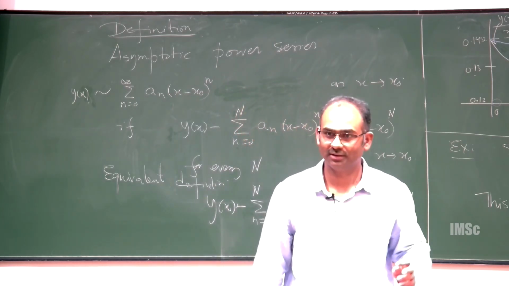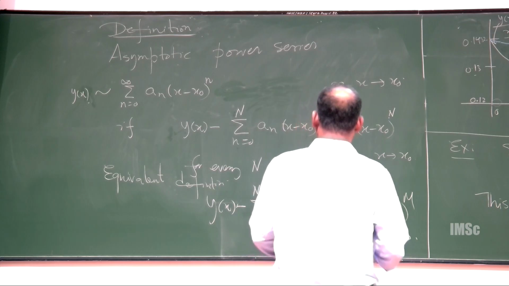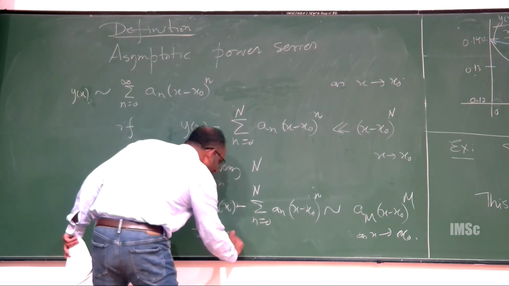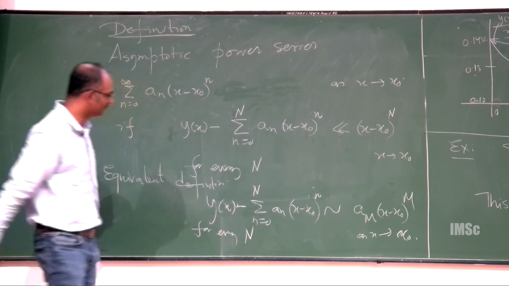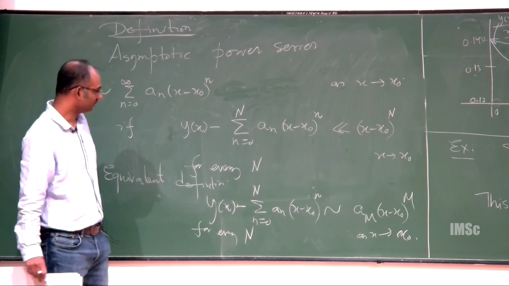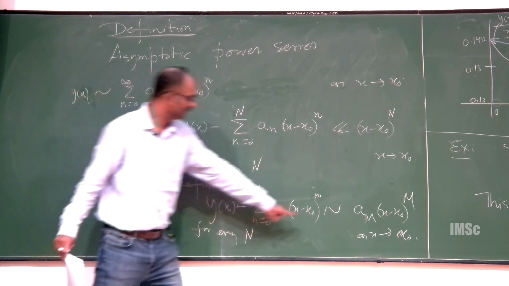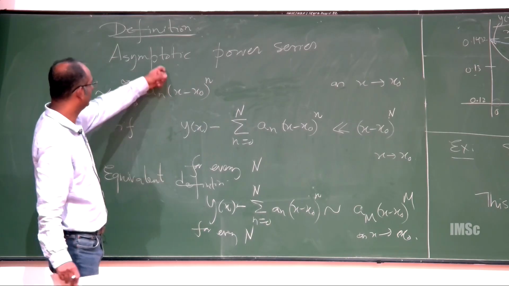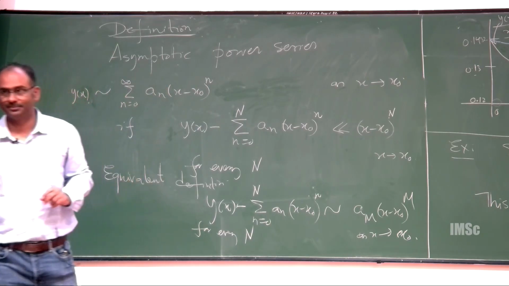Is that okay? And this has to be true for every N. If it is true for every capital N, for every such difference that you can make, it is asymptotic to the next term, then you say this series is asymptotic to the function that you have.